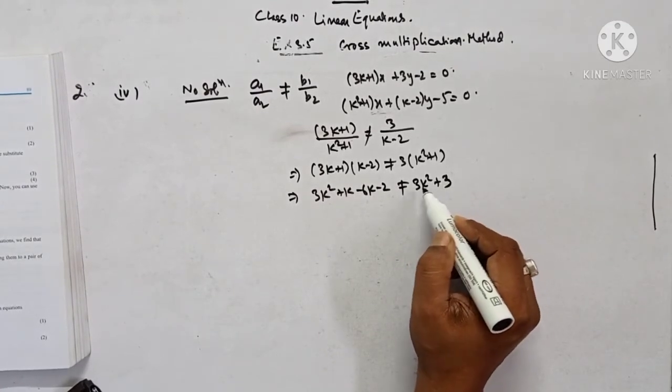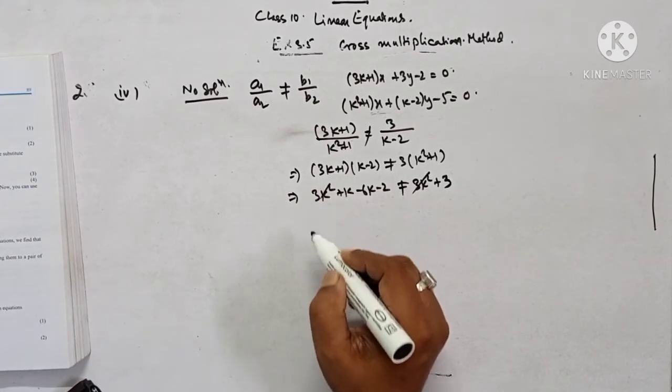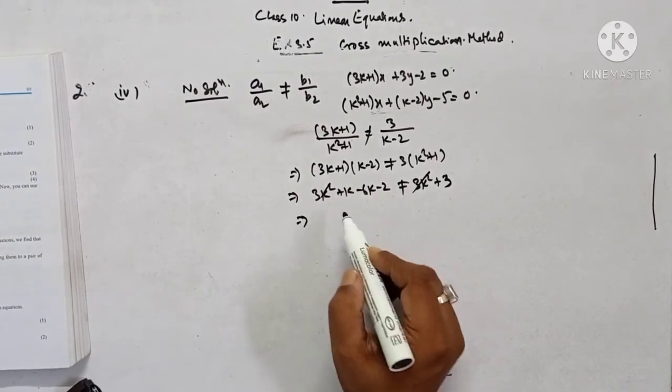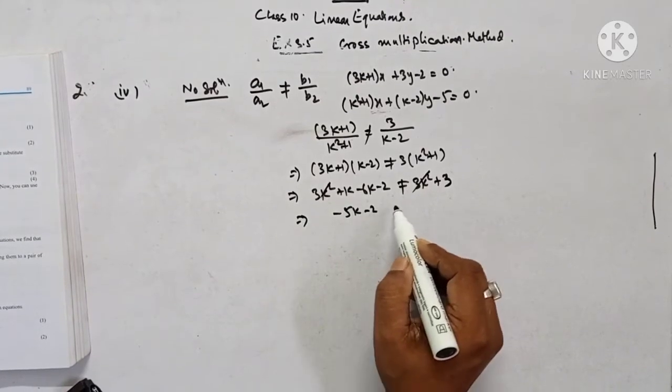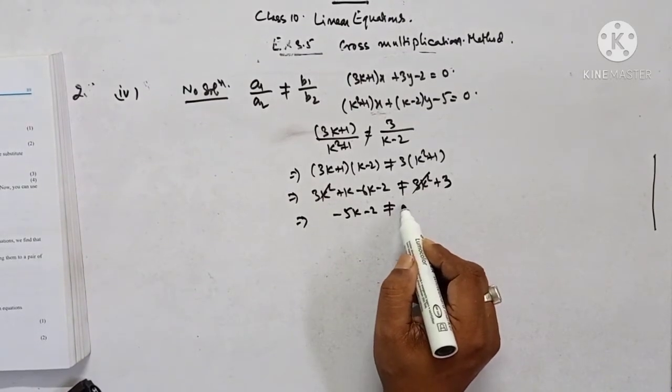So this cancels out, and here this will be -5k - 2 not equal to 3.